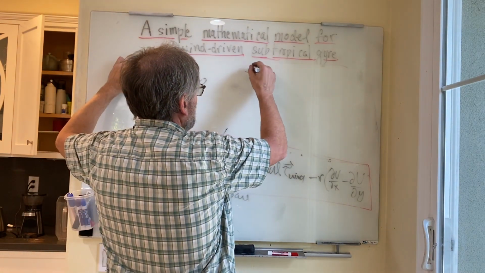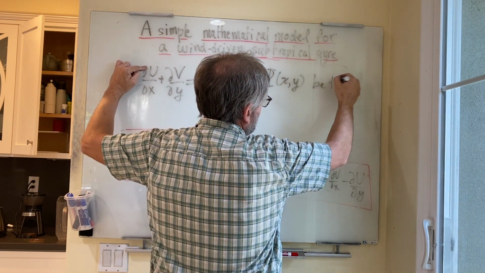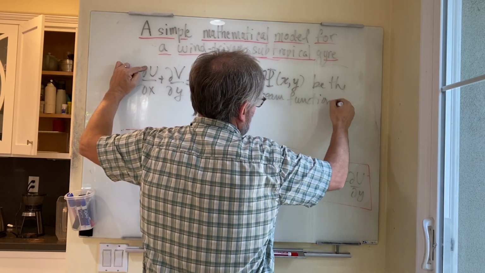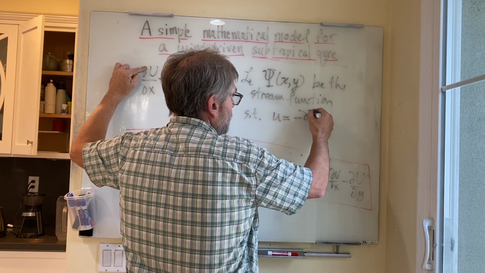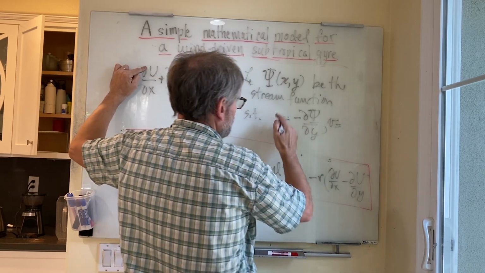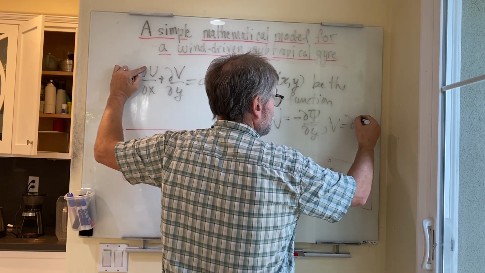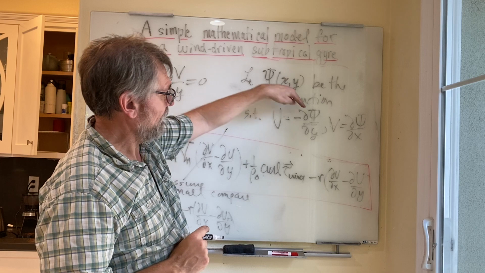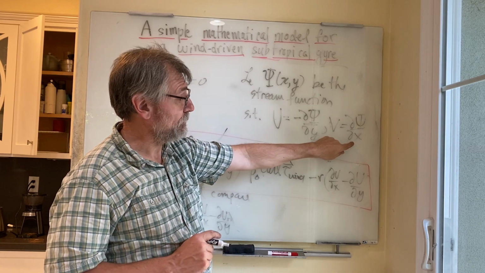So we'll let psi, which is a function of only x and y, be the stream function, such that u is equal to minus ∂ψ/∂y, and v is equal to ∂ψ/∂x. So if I have a stream function and I take the negative of its y derivative, I get u, and if I do the x derivative, I get v.